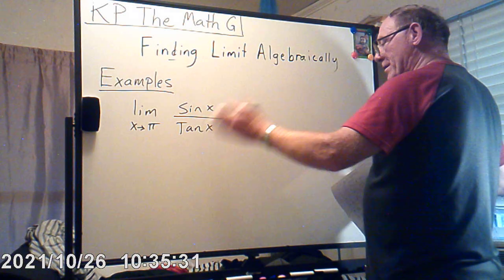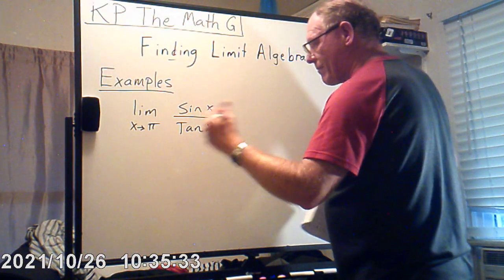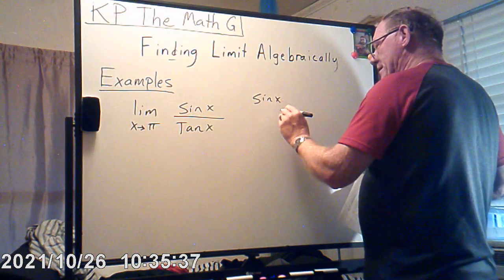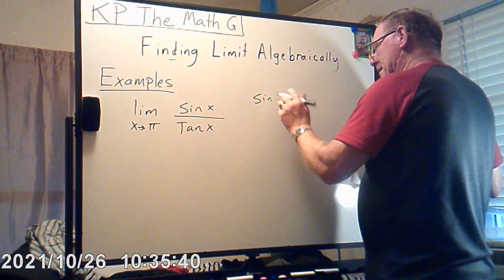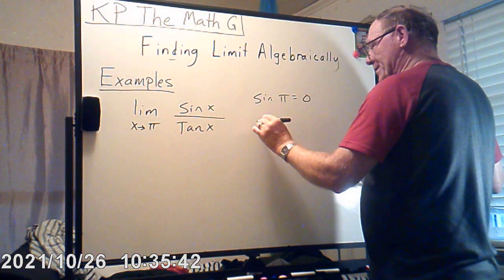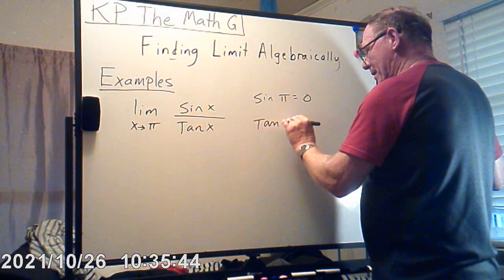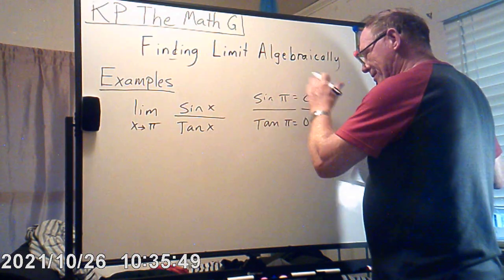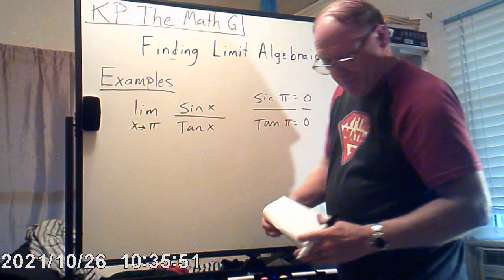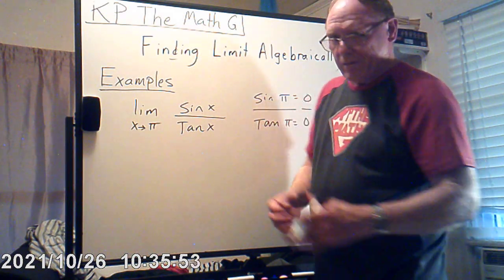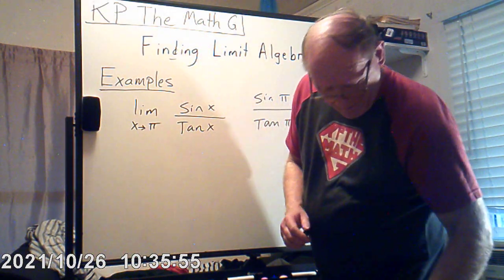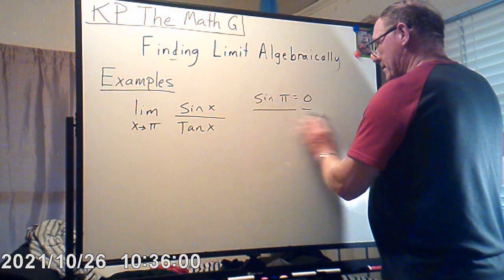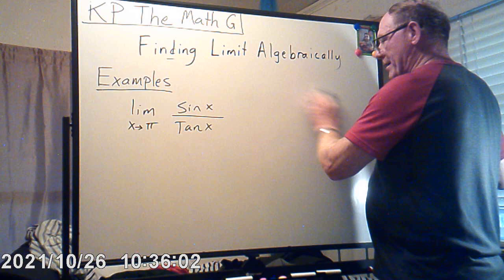If you know the graph of sine and cosine, or you can put it in your calculator, we do know that sine of pi is 0, and tangent of pi is also 0. So we still have that 0 over 0 that can't be determined. Indeterminate. All right, so let's see what we can come up with.